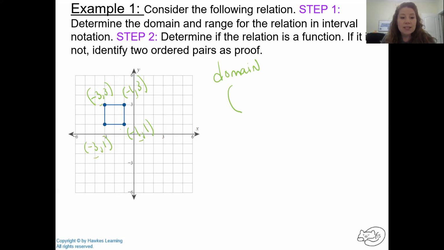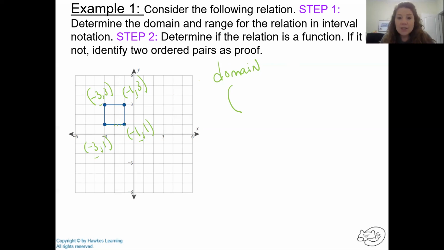So what do you notice? Now, this isn't just dots, these have lines. So this basically says if we're starting at -1, and then there's a line that means it could be 1.1, 1.2, 1.3, 1.4, all the way up to 2. It could be 2 and all the way up to 3. So we have a range of numbers for our domain.